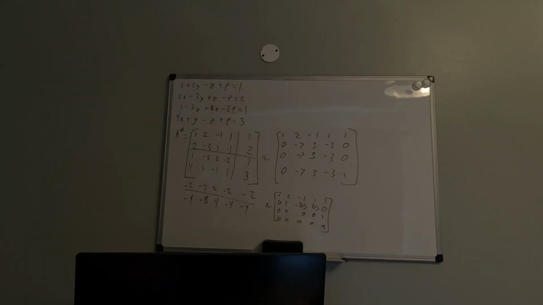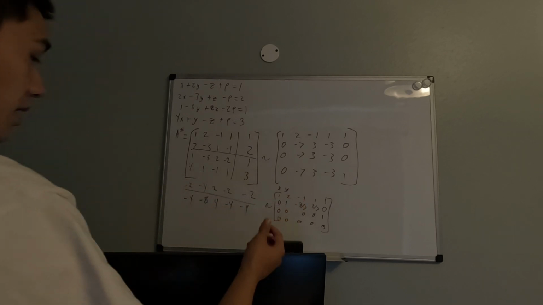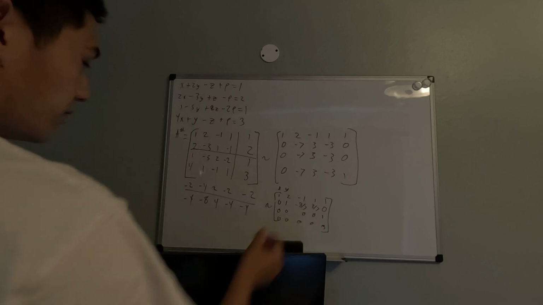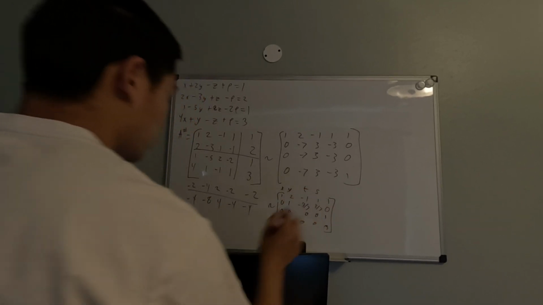This is going to be a hard one because you have to say x, y, and here you have a free column and another free column because you don't have leading 1s here. So you're going to have to say t and s here.